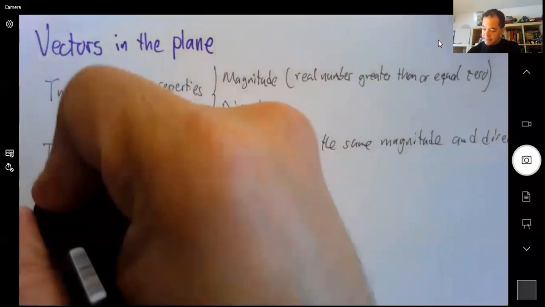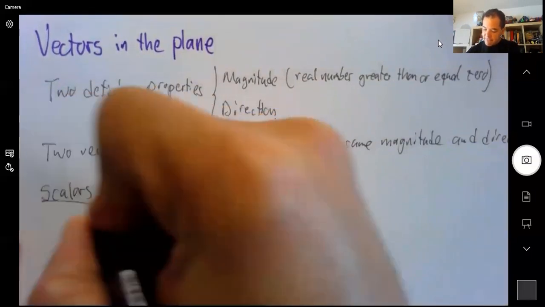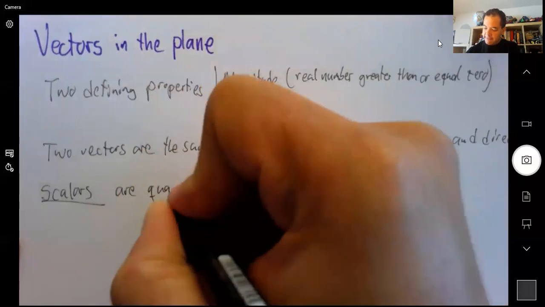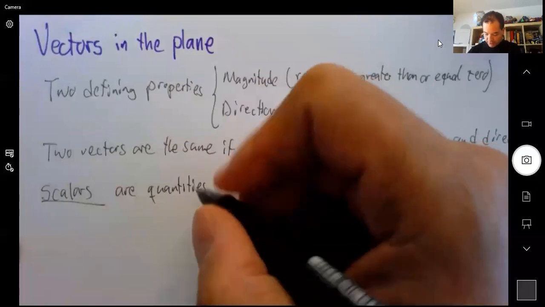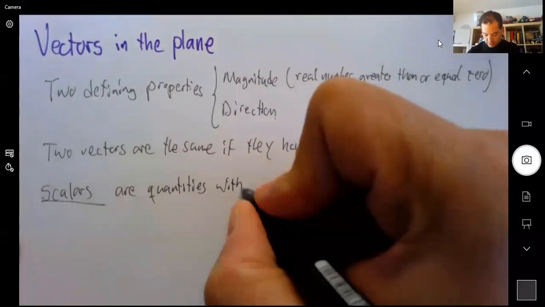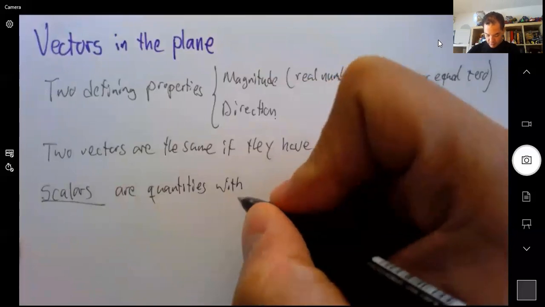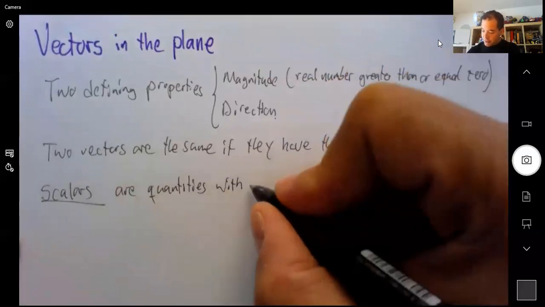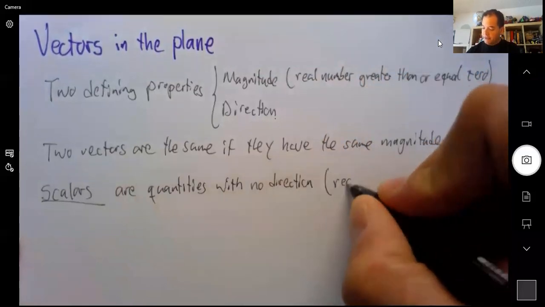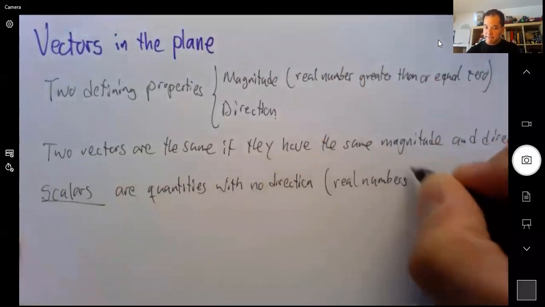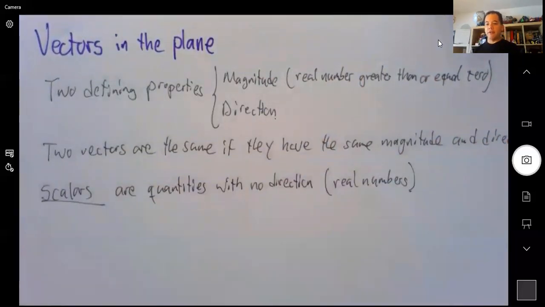So scalars are quantities with no direction, in other words, real numbers. Okay? All right. So this is a little bit abstract, so I'm going to try to make it more precise by looking at ways in which we can represent these vectors.